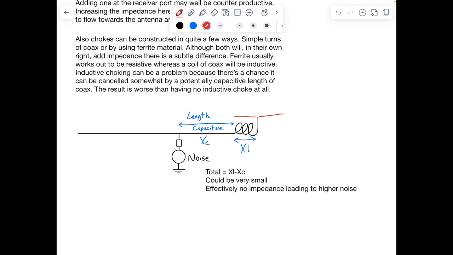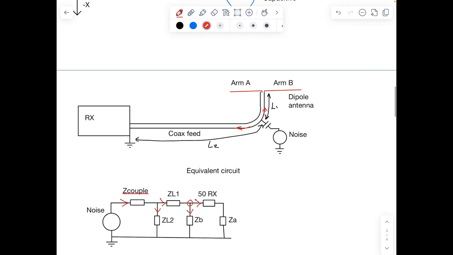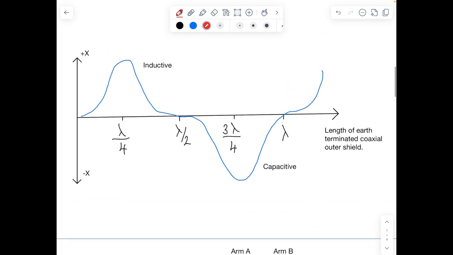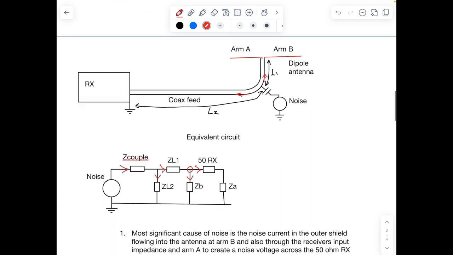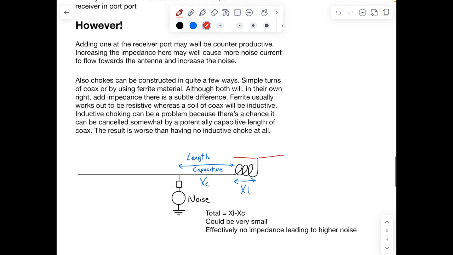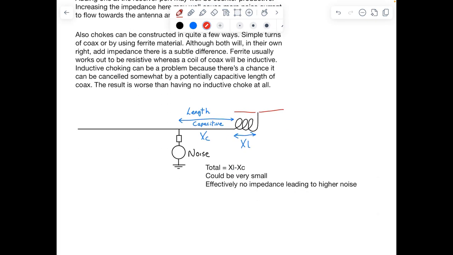But of course, coming back to this graph, we could be in a situation where a particular length of wire actually between the noise feed point and the choke is actually a capacitive impedance. This is where the problem occurs, because the capacitive impedance will cancel the inductive impedance or reactance, and you'll end up with very little overall reactance.